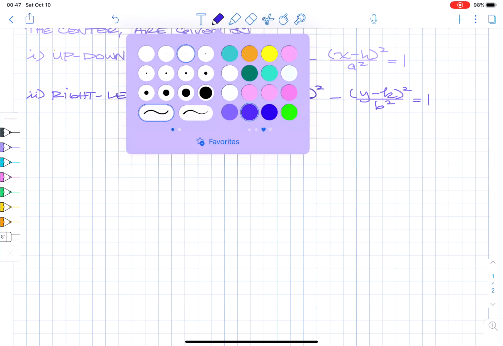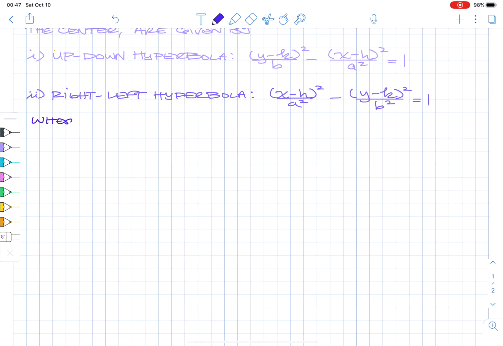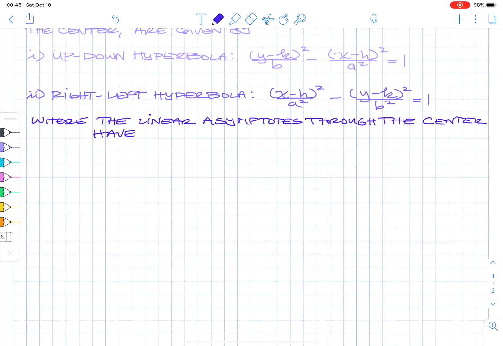Where the linear asymptotes through the center have slopes m equals plus or minus b over a.